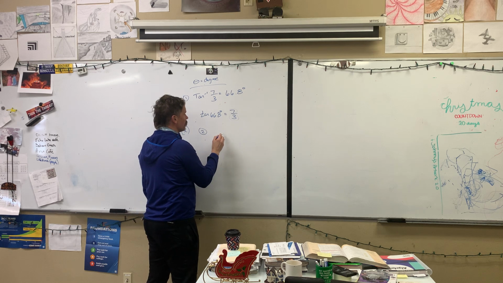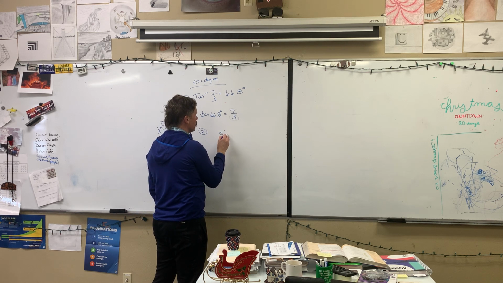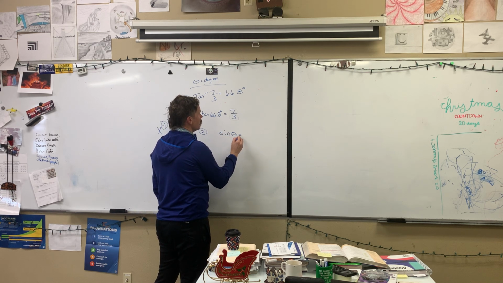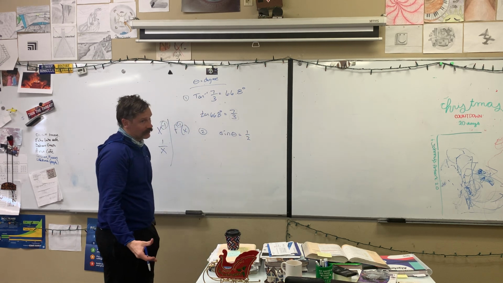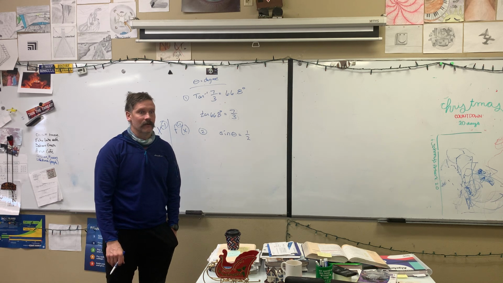If you have a function like this, we say, okay, sine theta is equal to, and we'll stick with degree mode, 1/2. We actually know what the answer to that is, or you should know the answer to that. Inverse sine of 1/2.